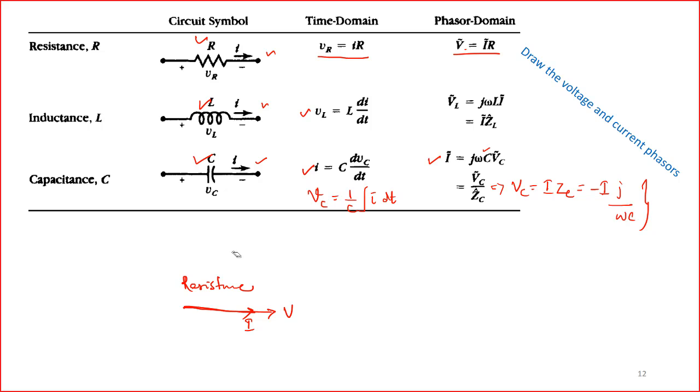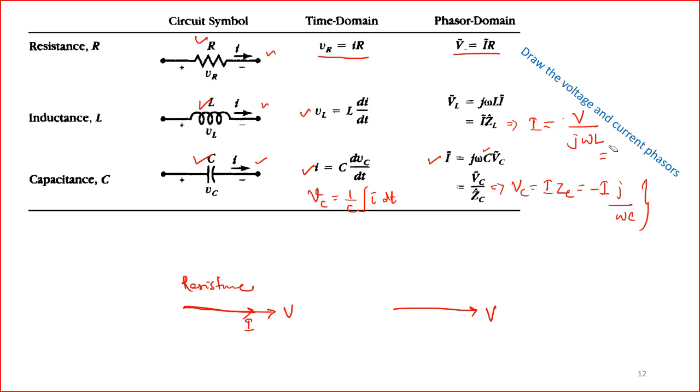And if I plot the voltage and current phasors for inductance, if your voltage is here, now where will the current be? Because it is jωL times I, the current will be V/(jωL).